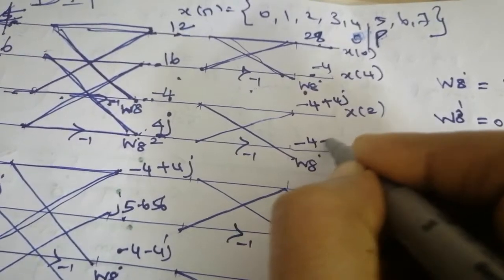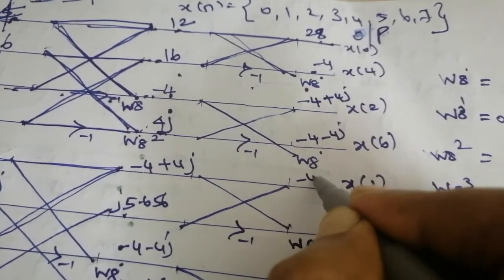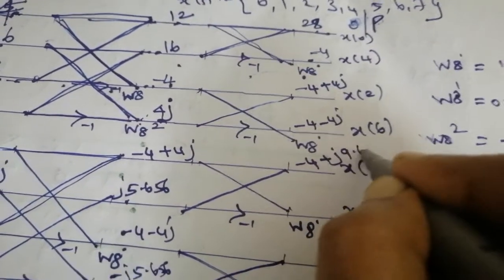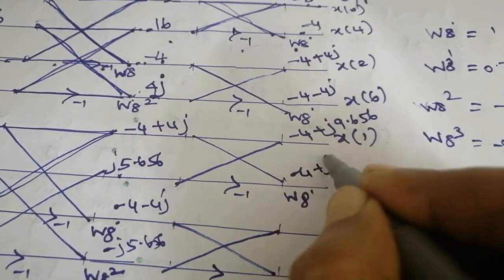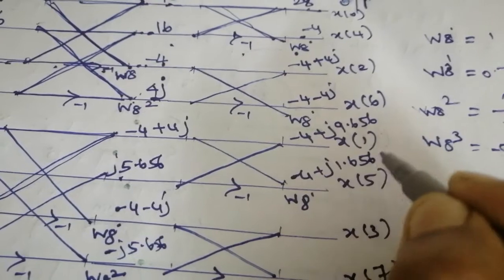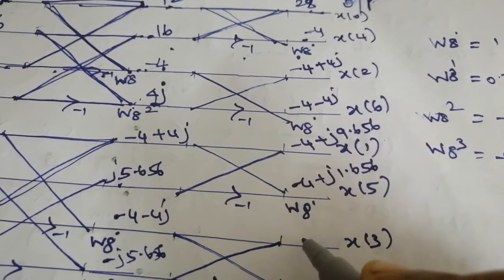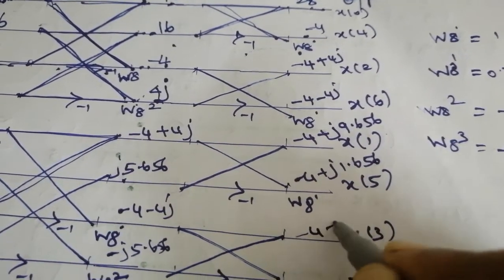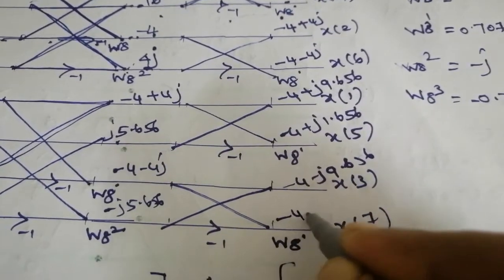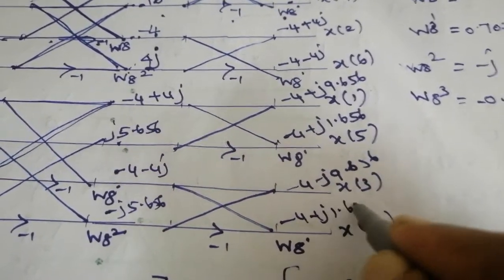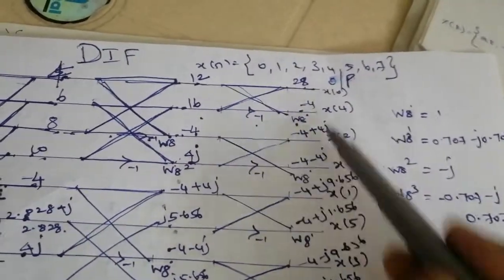The answer is minus 4 minus 4j. Minus 4 plus j 9.656. Here the answer is minus 4 plus j 1.656. Minus 4 minus j 9.656. Minus 4 plus j 1.656. So far we have found all the values.